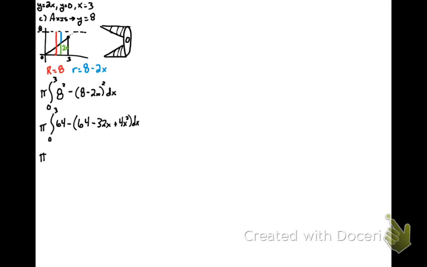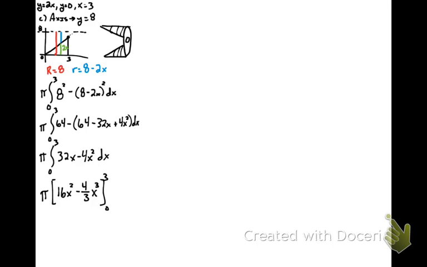Cleaning it up a little further, we're integrating from 0 to 3, and this will be 32x minus 4x squared dx, which isn't too bad to integrate. When we do, we end up with pi times 16x squared minus 4/3 x cubed from 0 to 3.